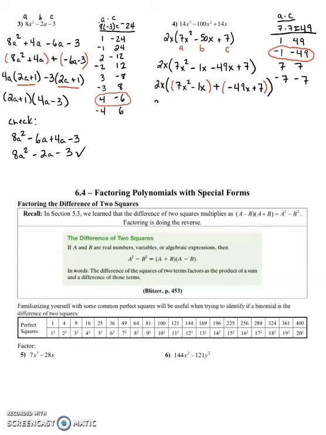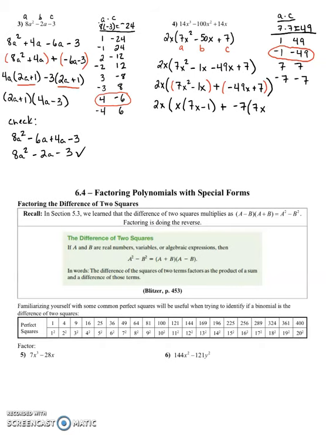Okay, so the 2x is still hanging out there. If we have 7x squared minus 1x, we can factor out a GCF of x from that, which leaves us 7x minus 1. Plus, I'm going to factor a negative 7 for our GCF out of the second parentheses because I always like to have my x term be positive if possible.